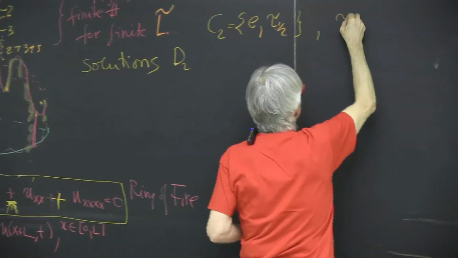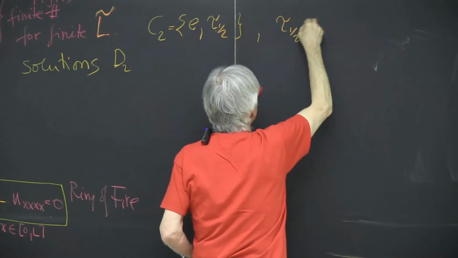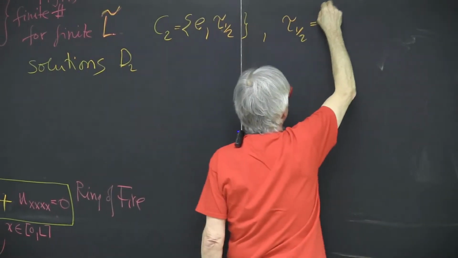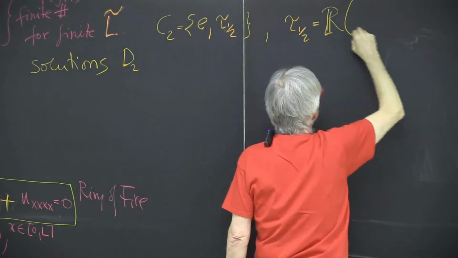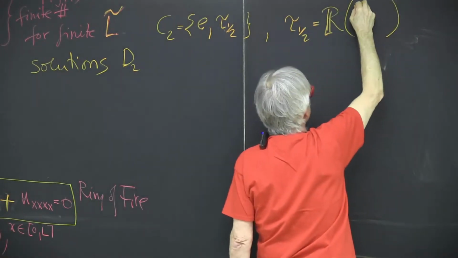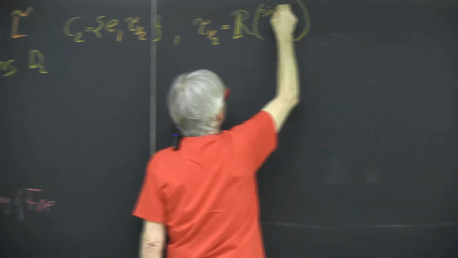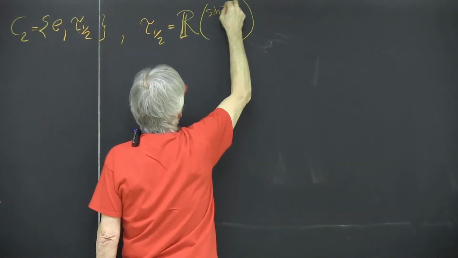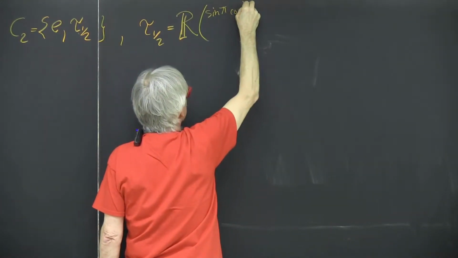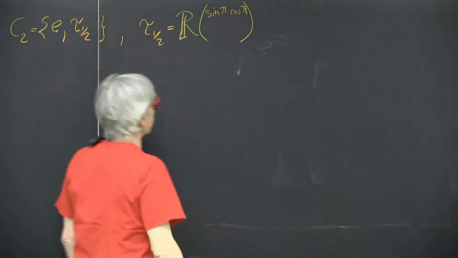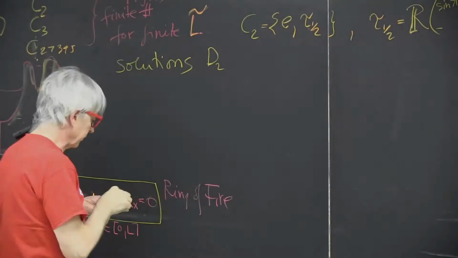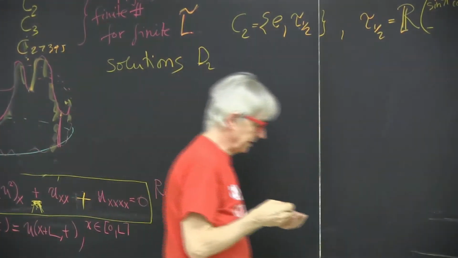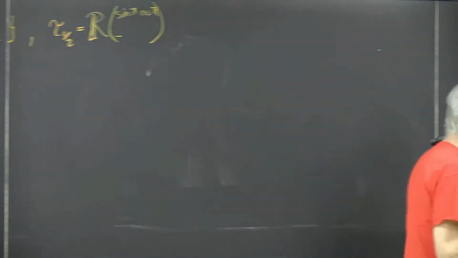So T1/2 is a rotation matrix, a representation of a rotation matrix that in it has sines of pi and cosines of pi. So you rotate by half domains. Now D2 allows for a flip, so that has 4 elements.